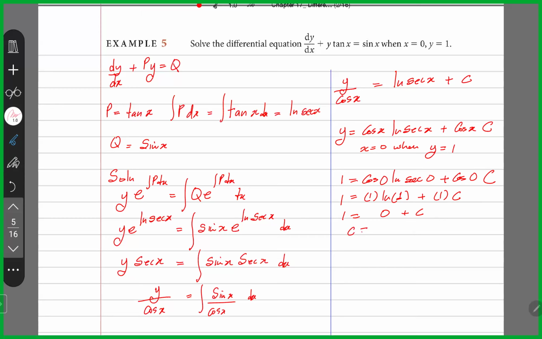So c is 1. And if c is 1, y is equal to cos x ln sec x plus c cos x. C is 1, so it's just cos x.